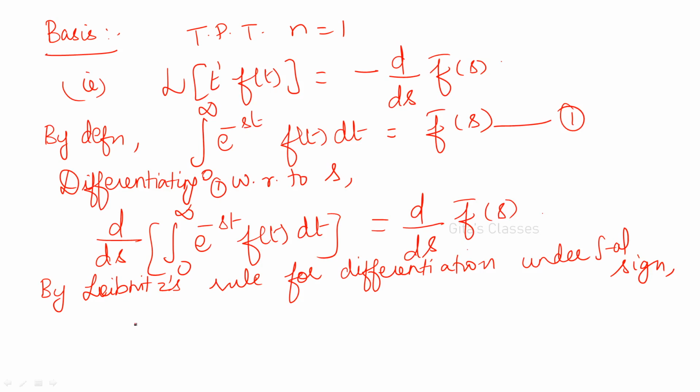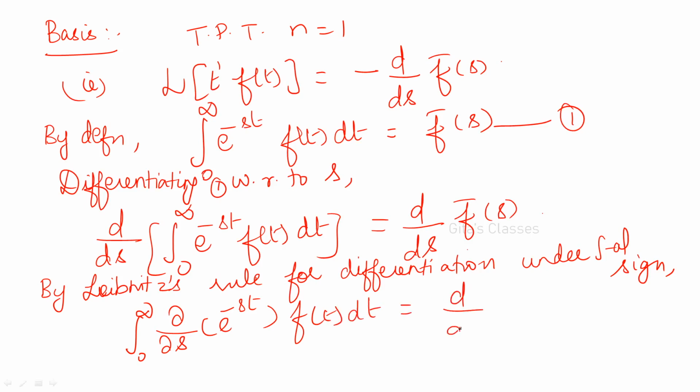We get integral 0 to infinity, dou by dou s of e power minus st, because integration is with respect to t, differentiation is with respect to s. Okay. So t is independent of s, so you can write like this. This is d by ds of f bar of s.